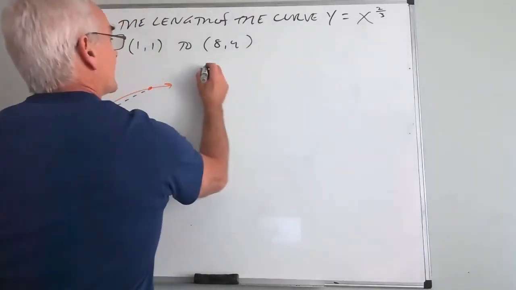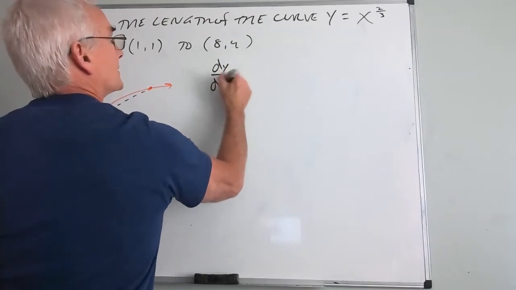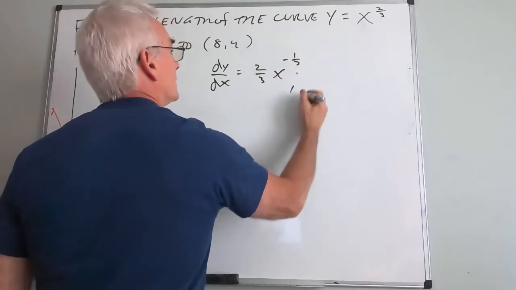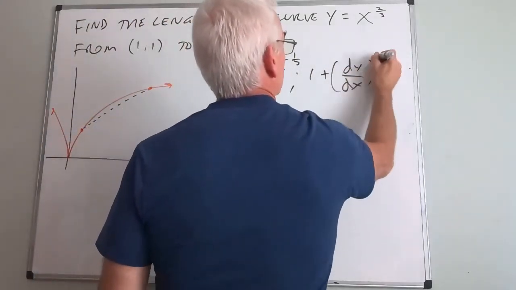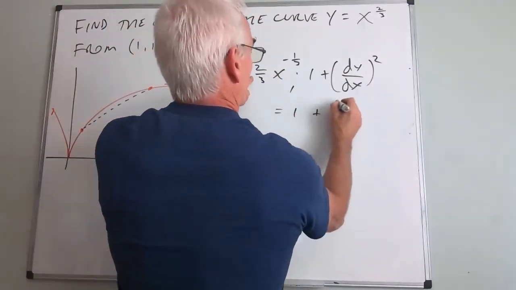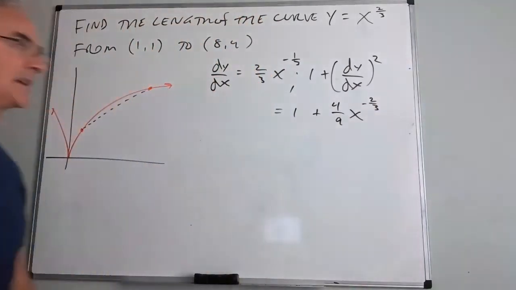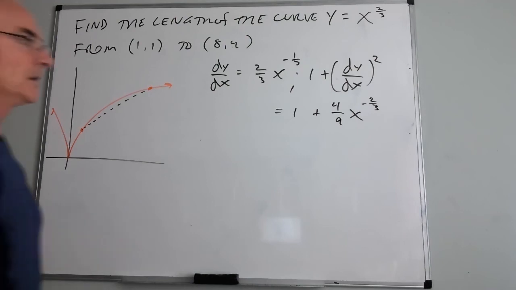So like we did in the last problem, this is the order of things. dy dx, that'd be 2/3 x to the negative 1/3. 1 plus the square of dy dx would be 1 plus 4/9 x to the negative 2/3. Now that's what's going to go into my square root, except I don't really like it in that form.